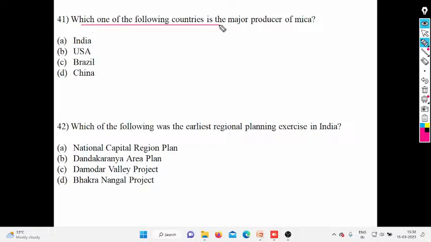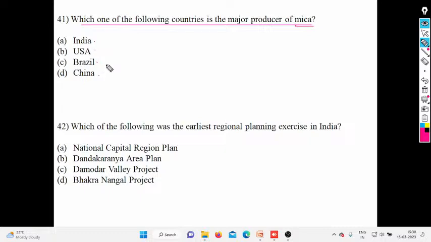Then which one of the following countries is the major producer of mica? India, US, Brazil and China.